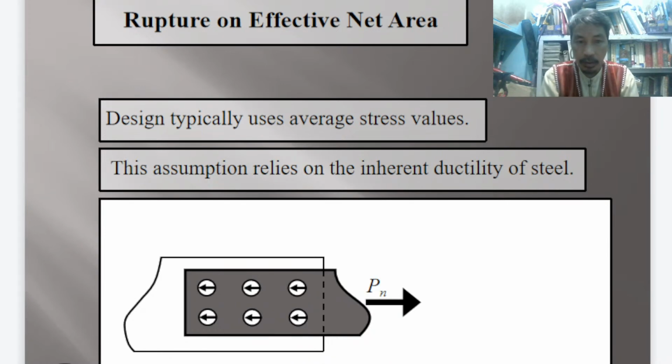If there are, for example, 6 bolts, these 6 bolts will act equally against the applied tension. So meaning Pn over 6 for each of the bolt holes.